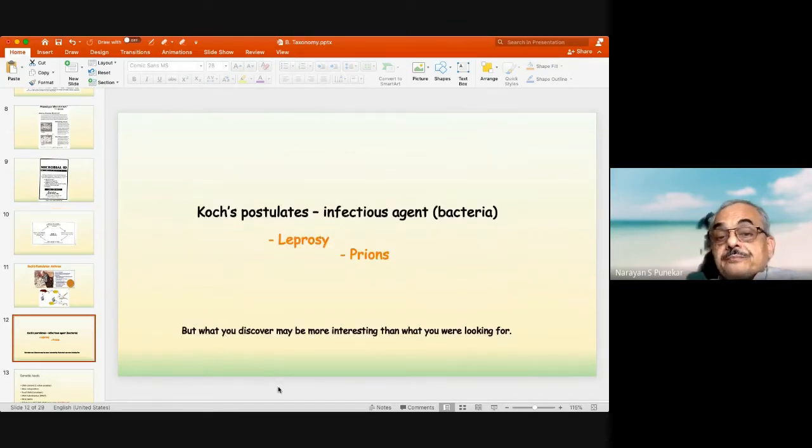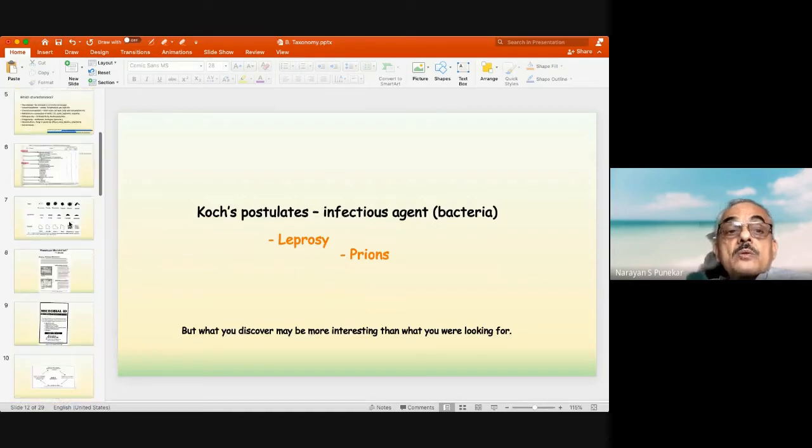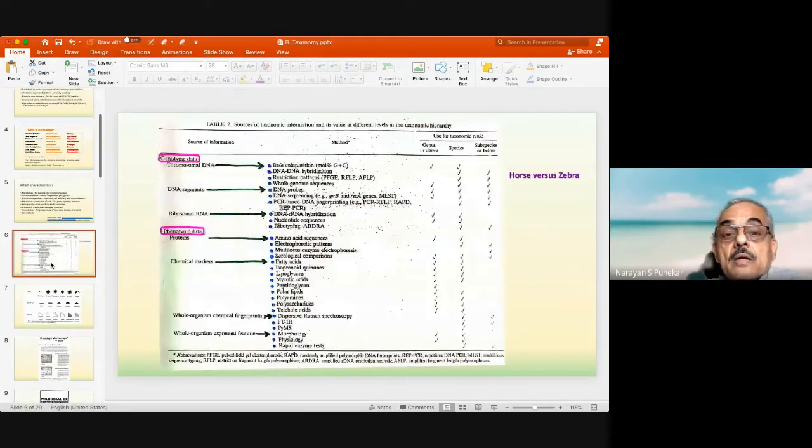Okay, so although Koch's postulates are very valuable, we have discovered a few things which are more interesting than what we actually thought. Okay, so pathology and pathogenicity is also one of the phenotypic tools, if you recall, right?